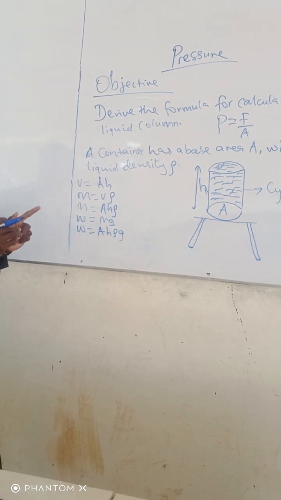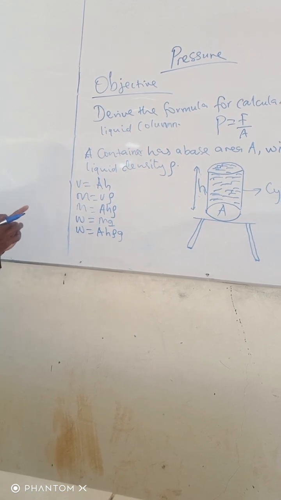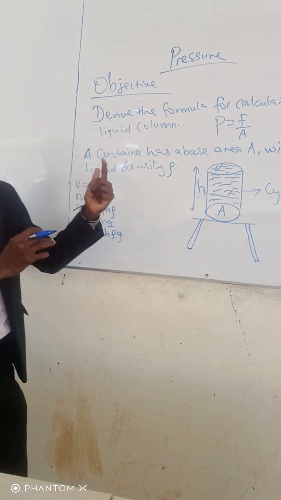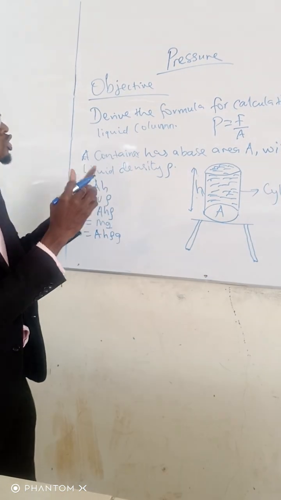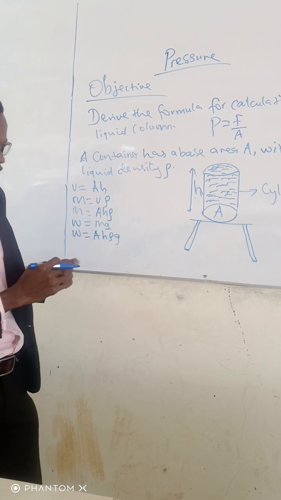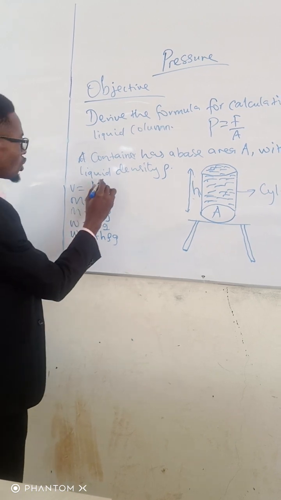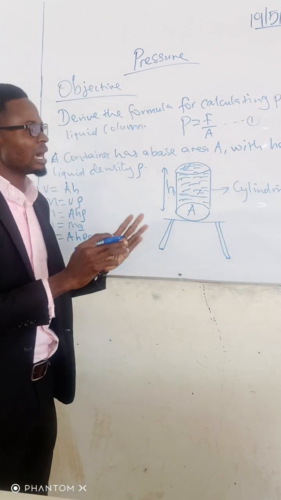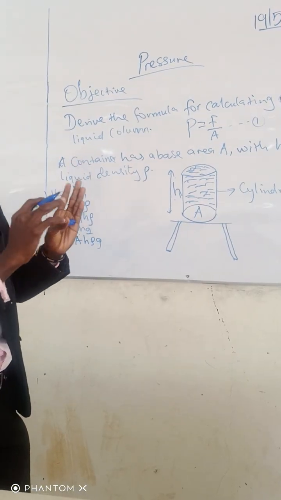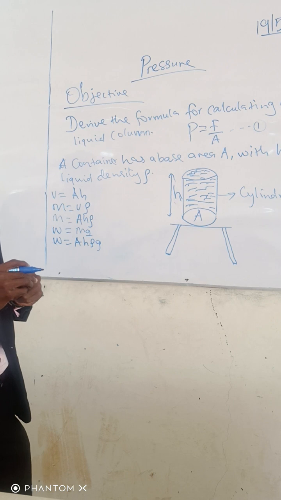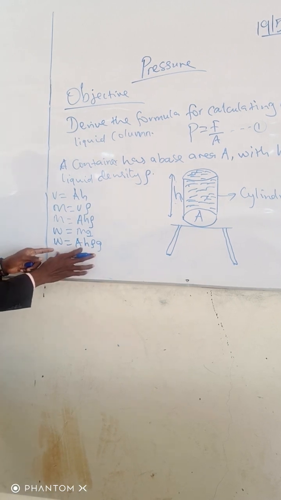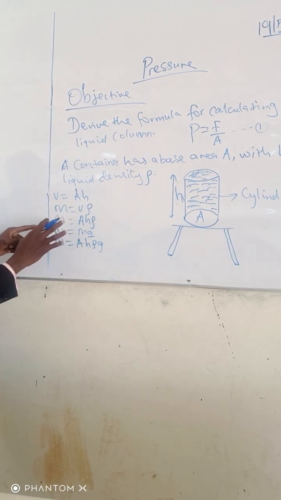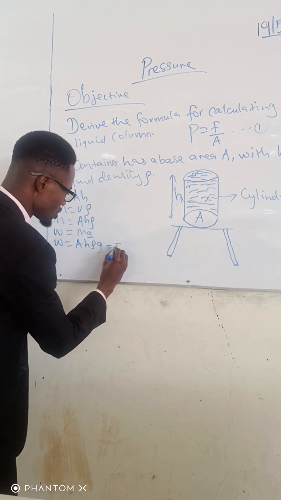So this is exactly what we are supposed to do when we are deriving the formula for calculating pressure due to liquid column. Now, I will refer you to our equation 1, which is the general formula for calculating pressure. What we have here, which is the weight of that object, is nothing but the force.